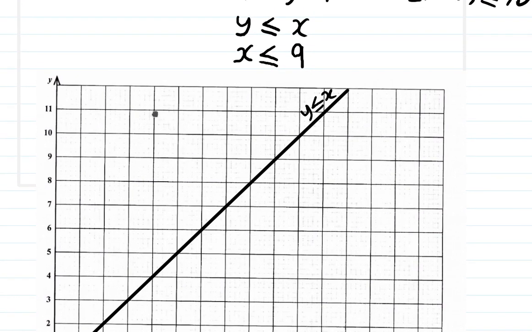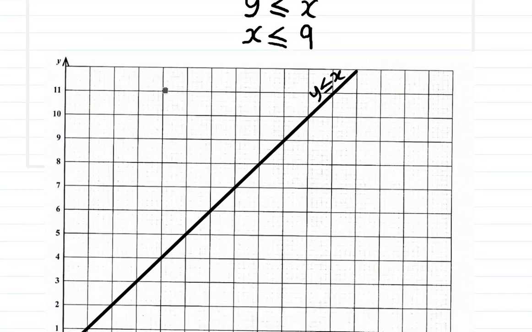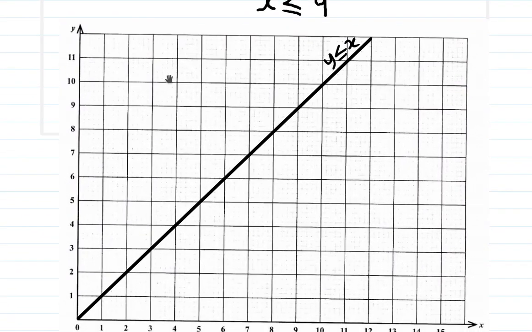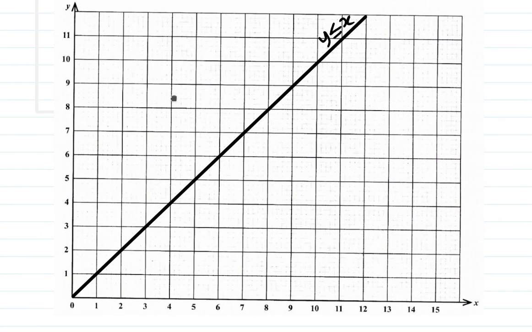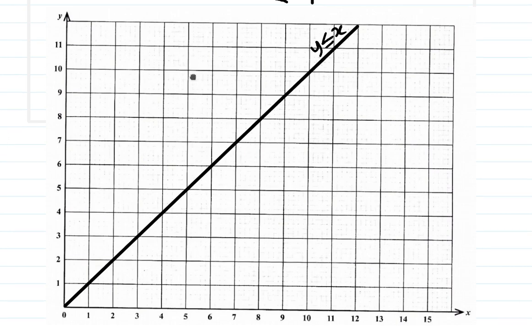The other line, x is less than or equal to 9. Suppose you plot x equals 9. At every point on the line, x is 9. So this is x is 9, y equals 0. X is 9, y equals 1. X is 9, y equals 2. X is 9, y equals 3. X is 9, y equals 4. X is 9, y equals 5. X is 9 throughout.